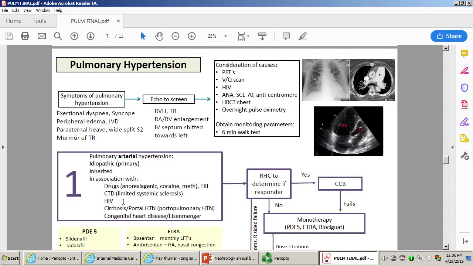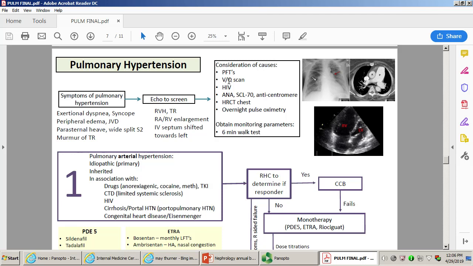So do all of these people with all classes of pulmonary hypertension need a right heart cath? No. Who should be getting a right heart cath? Type 1. Primary pulmonary, so class 1. So the other workup you need to think of is looking at your causes. Do they have COPD and you want to do PFTs?